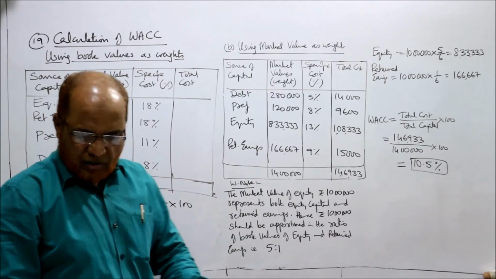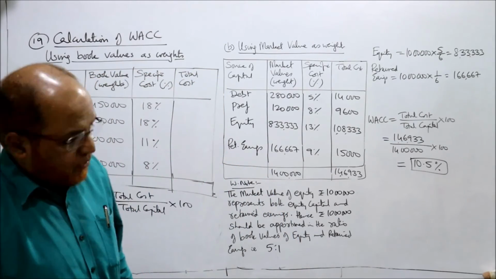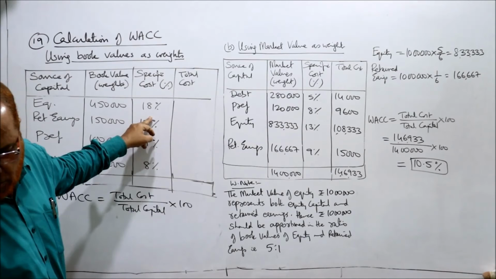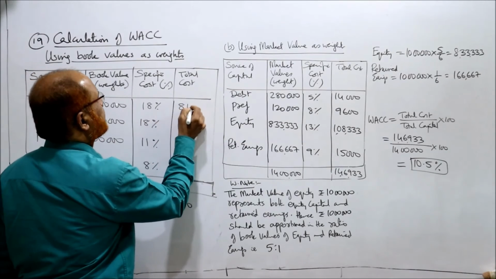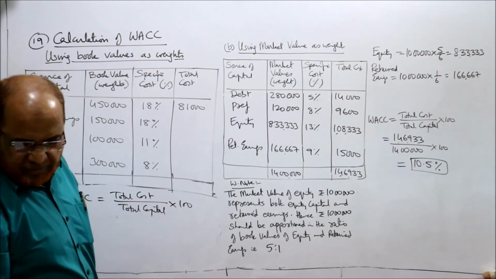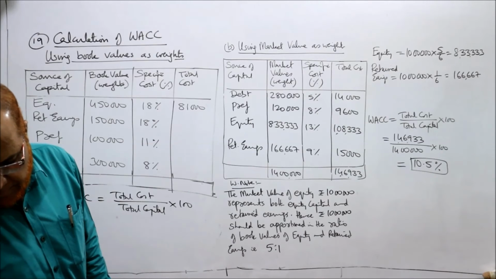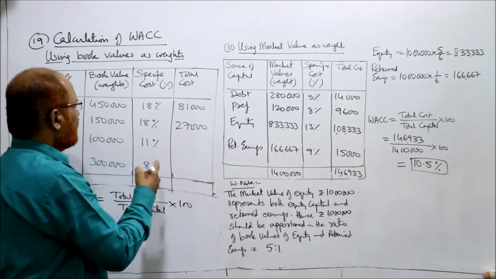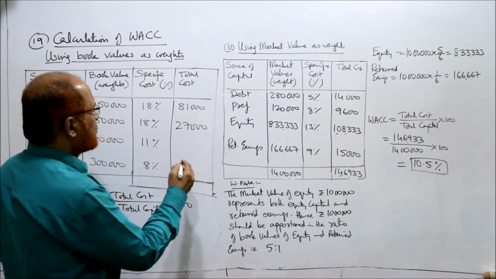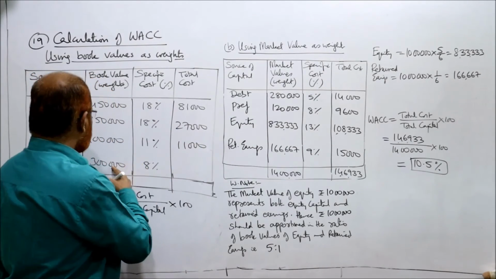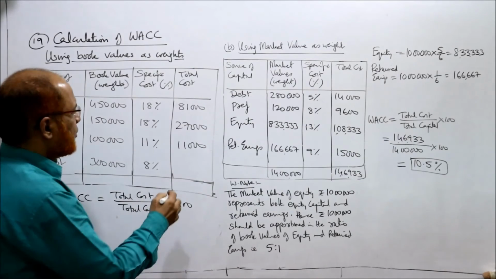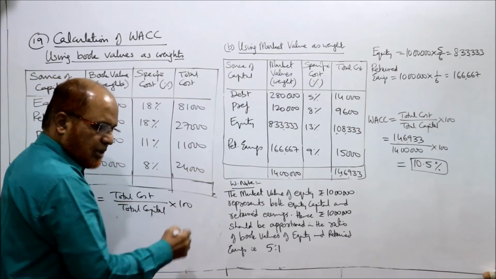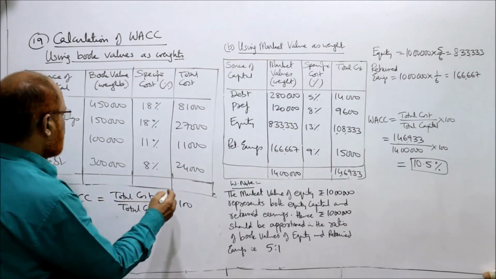That's it. Now we multiply: 4,50,000 into 18%, you will get 81,000. 1,50,000 into 18% is 27,000. Next one, 1 lakh into 11%, 11,000. Last one, 3 lakh into 8%, 24,000. The total is 1,43,000.